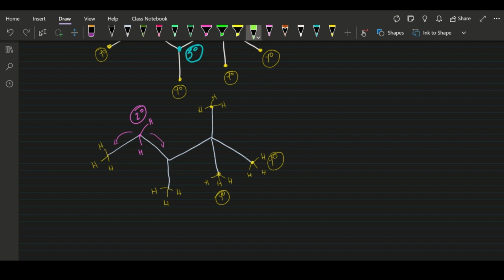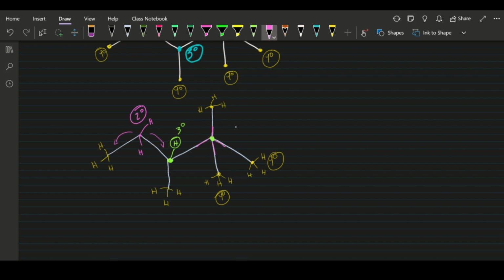Now let's look at this one, the tertiary carbon. There's one hydrogen, and this hydrogen is also going to be a tertiary hydrogen. Now, let's look at the quaternary carbon. Does it have a hydrogen? No, because it already has four bonds.